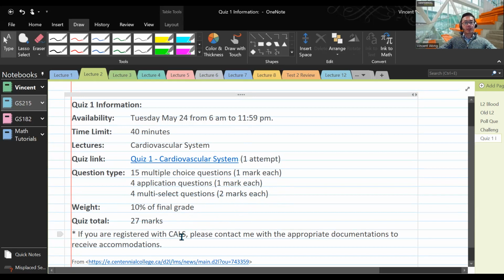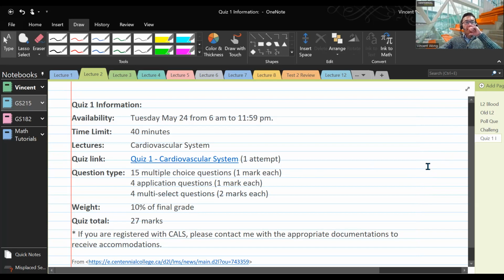If you're registered with CALS and you need extra time for assessments, please send me the documents before Tuesday so I can accommodate you accordingly. If you sent me the documents last semester, you have to resend them, okay? Because this is a different course, and I will need to see the documents one more time. Okay. Any question about the quiz?